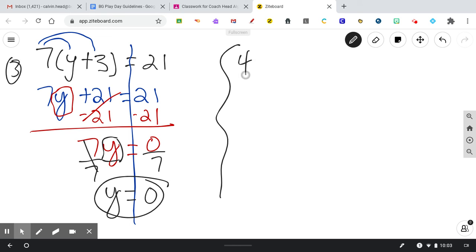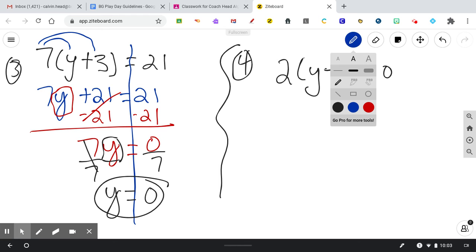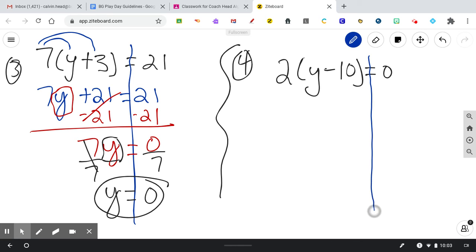So now let's do example number 4. Draw my line. Distribute to get rid of those parentheses. Remember, I'm multiplying when I distribute. 2 times y is 2y. 2 times negative 10 is negative 20. I bring my 0 down.